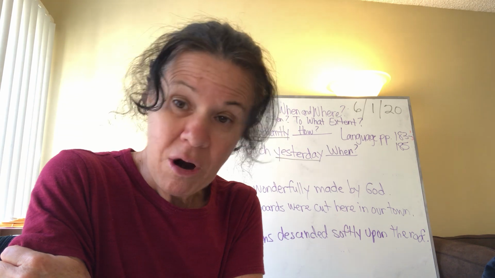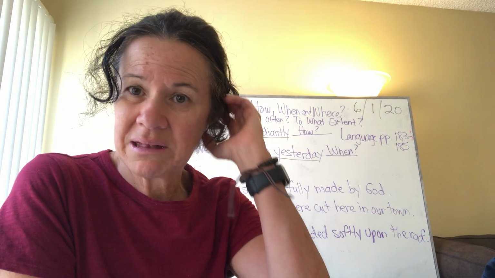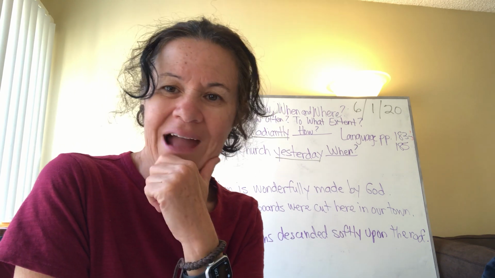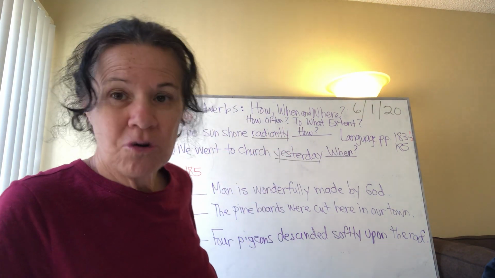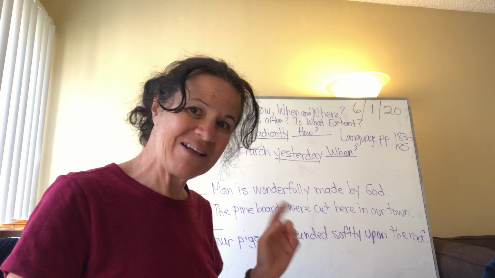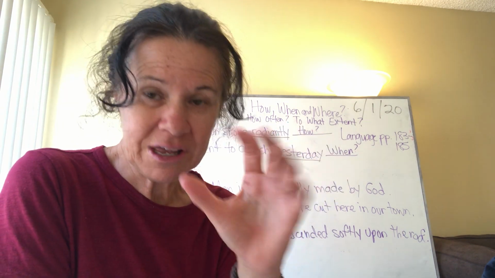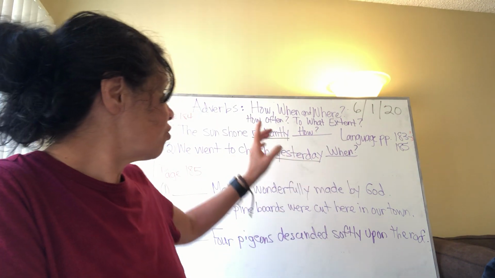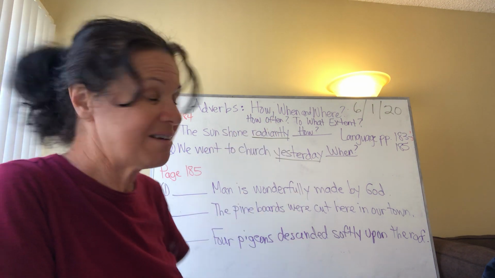Look at number 4. It says, we should fully obey our parents. Fully is your adverb. It's in italics. I want to give you another example of to what extent. That would answer the question, to what extent. Okay? We fully. It doesn't answer how, when, where, how often, and to what extent.